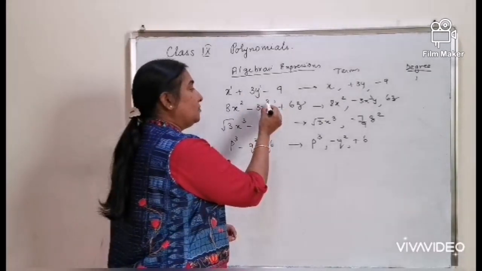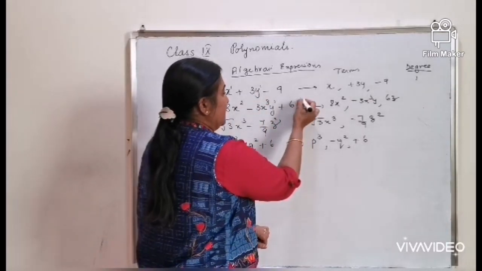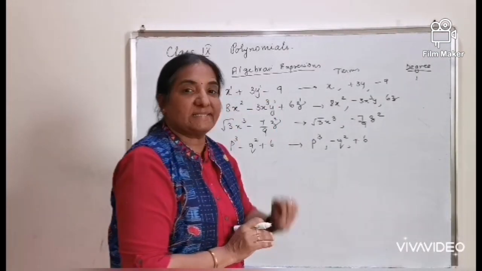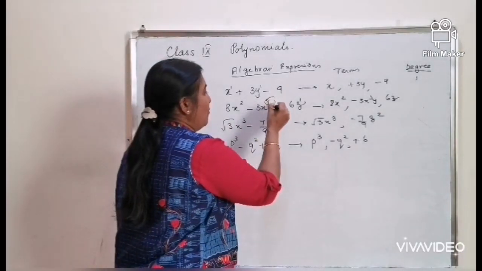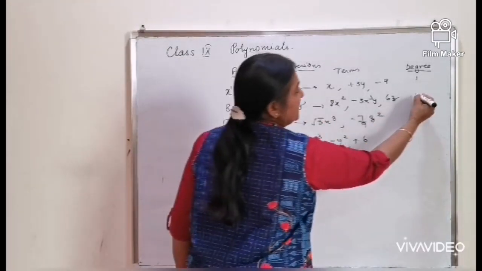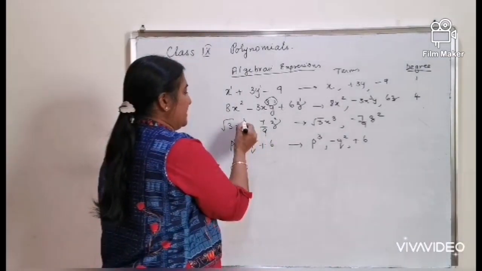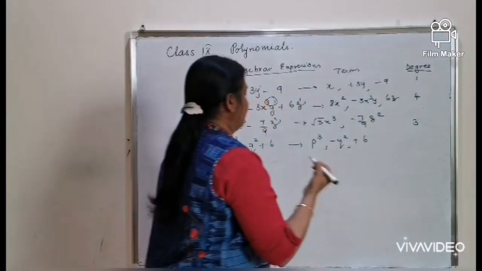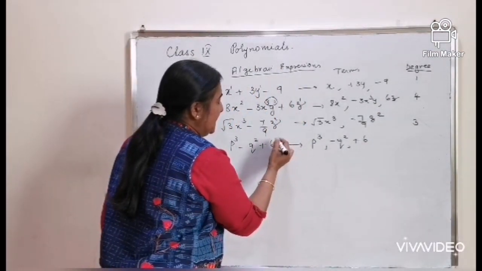So, what is the total? It is 3 plus 1, 4, and the other variable has the power 1. So, the maximum power of the variables is 4. Thus, the degree of this expression is 4. Similarly, in the next one, the degree is 3.